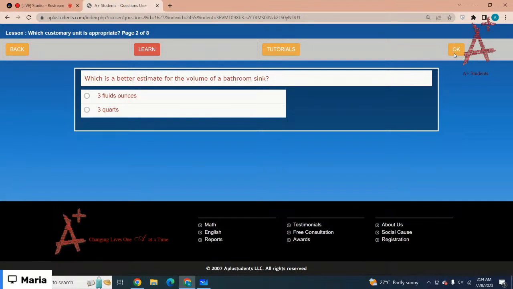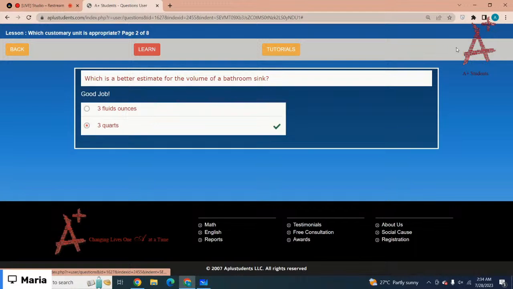The correct option is for a bathroom sink, it would be 3 quarts. Got it? Because for a bathroom sink, 3 fluid ounces is much less, it would be 3 quarts.